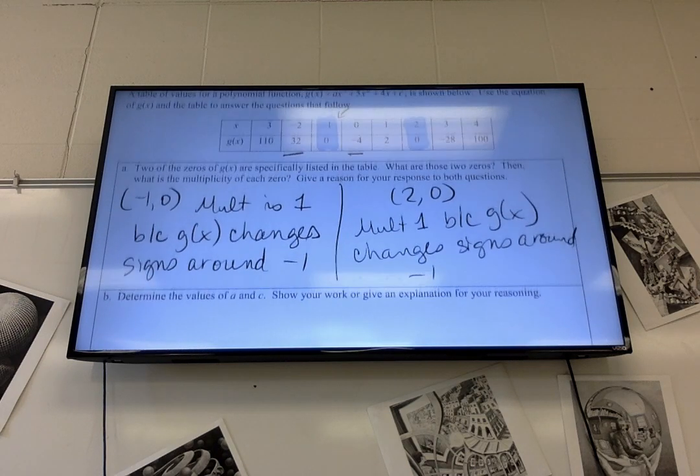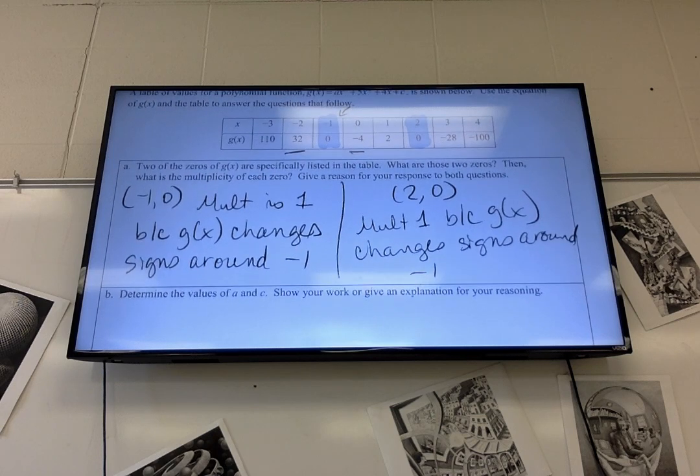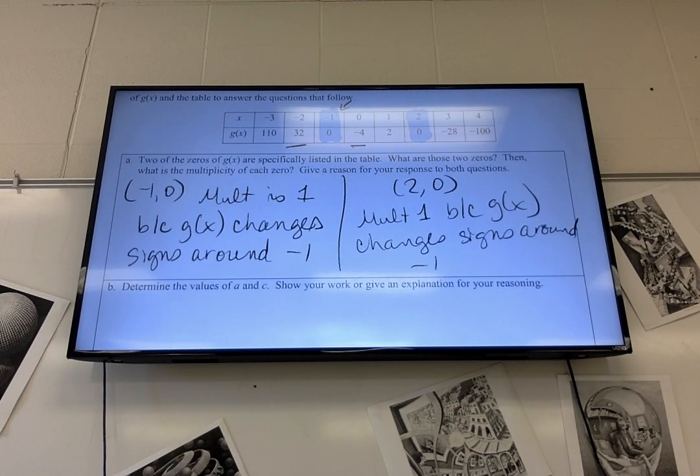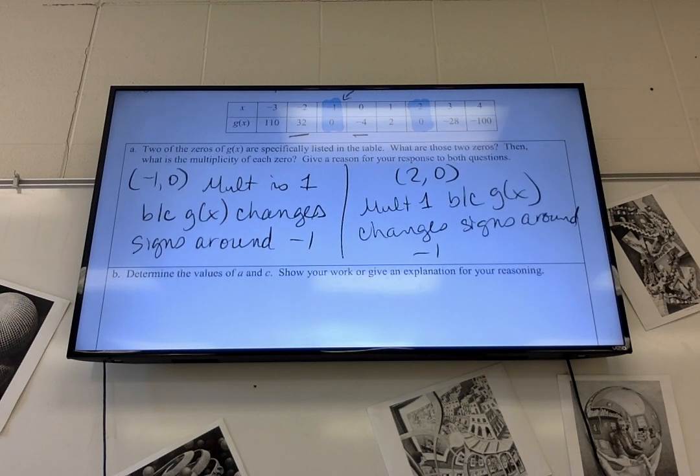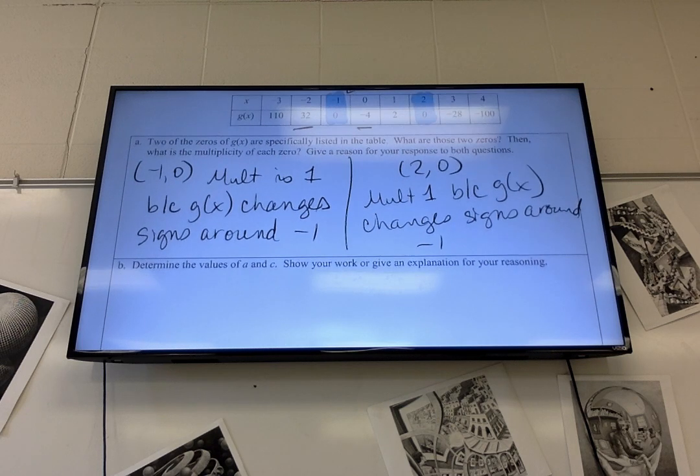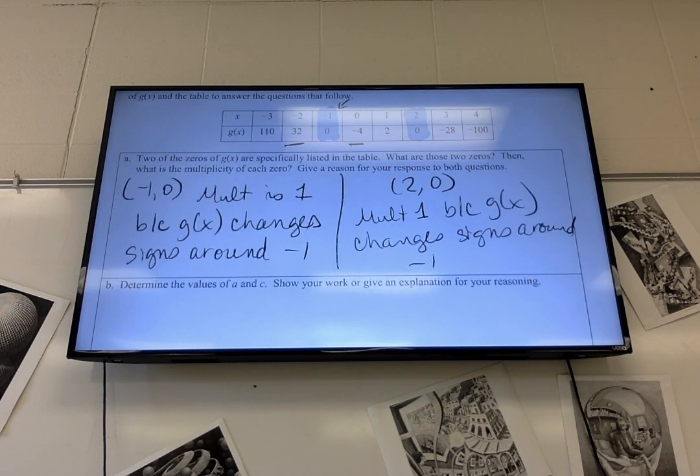Determine the values of A and C. Show your work or give an explanation. C is easy enough, I think. Anybody tell from the table what C, the constant, is?